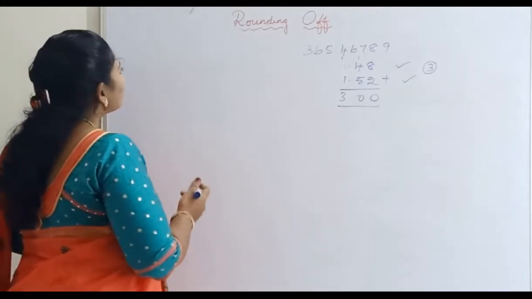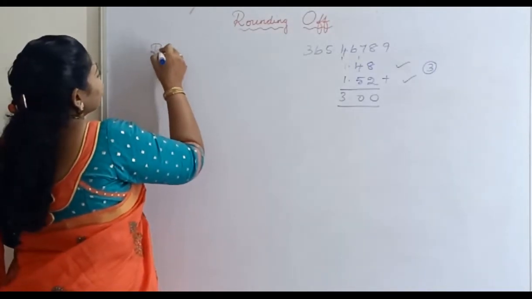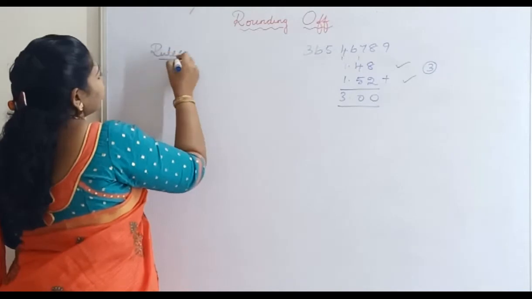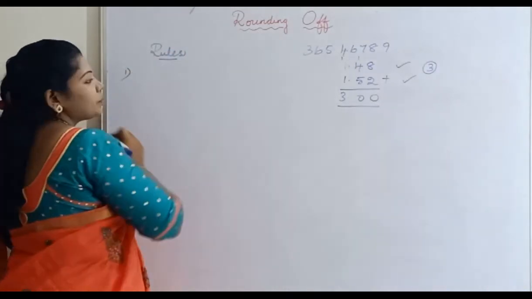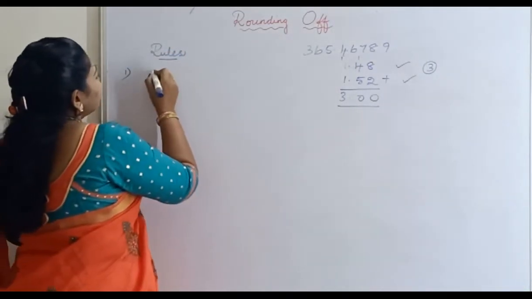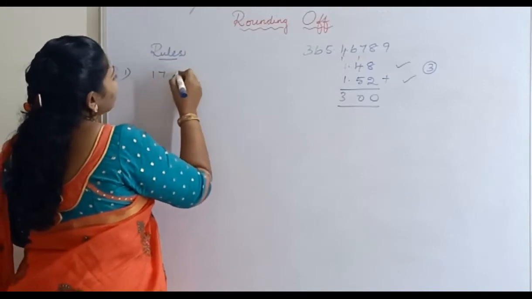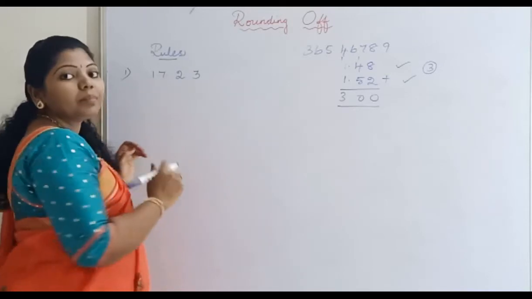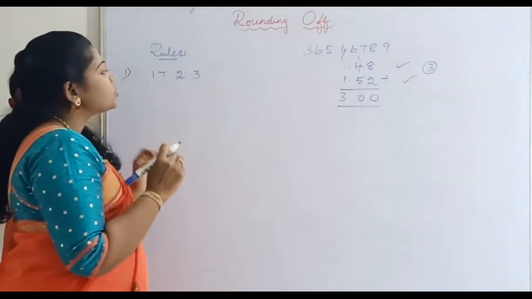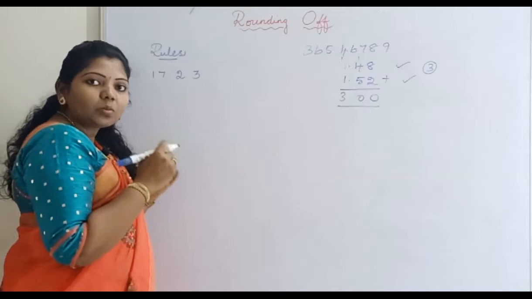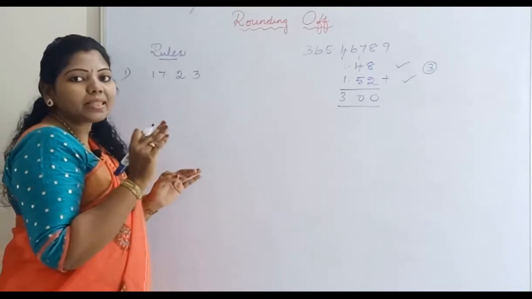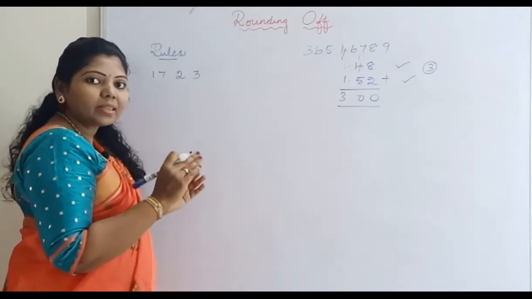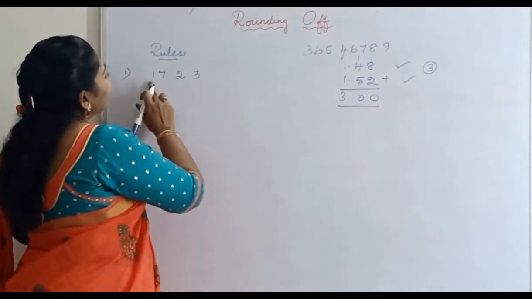What are the rules for rounding off? The first rule is, take a number like 17.23. I am going to round off this number to 3 significant digits: 1, 2, 3.